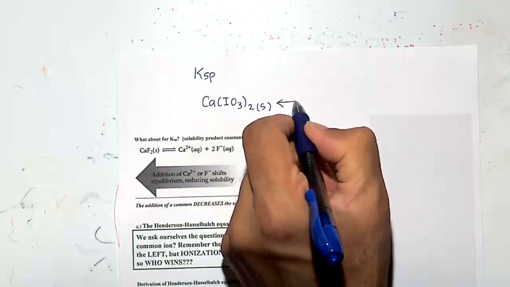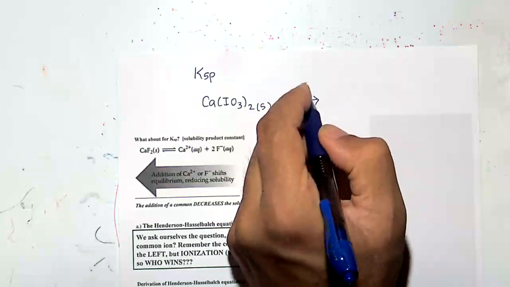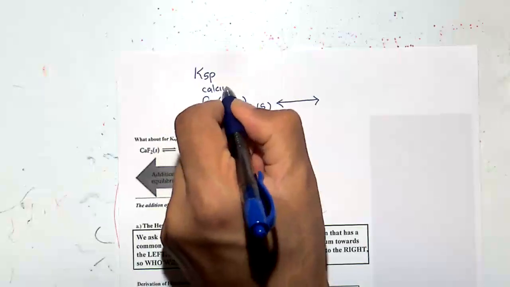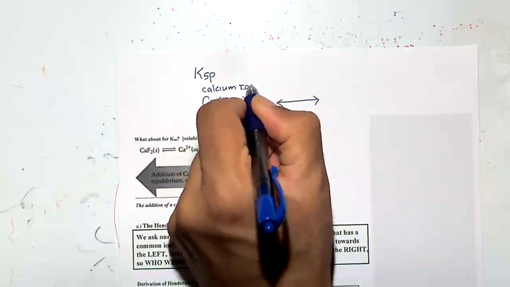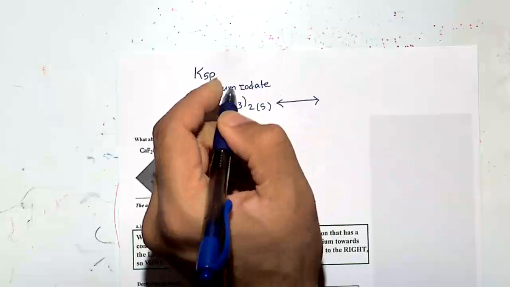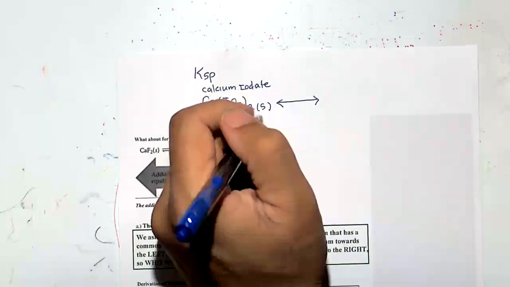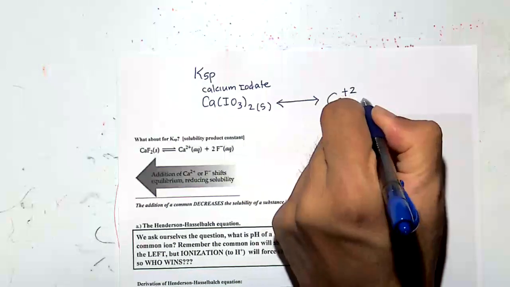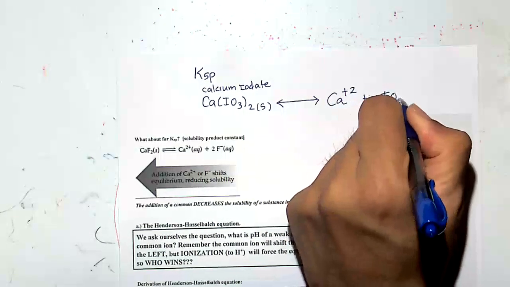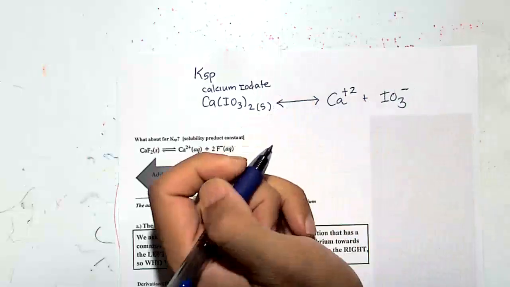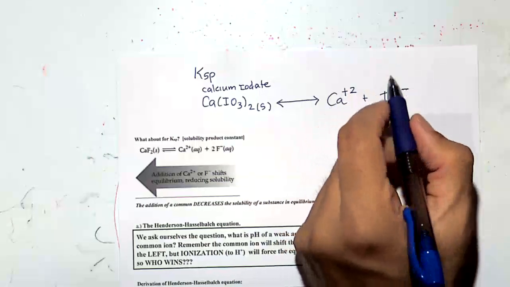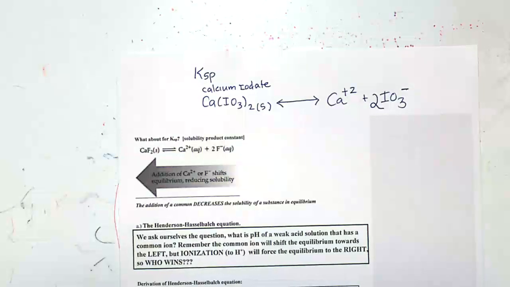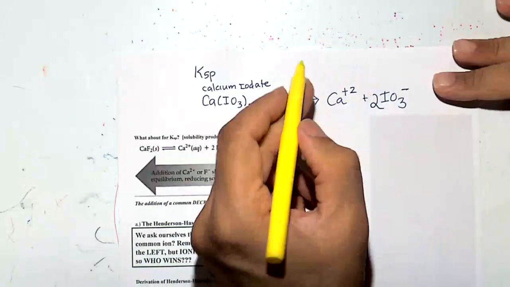Well, when you put it in the water, 80 mils or 40 mils, this calcium iodate is in an equilibrium with its ions, the calcium ion and the iodate ion. We always balance it, so we'll put a 2 here. So look at my arrows once again.